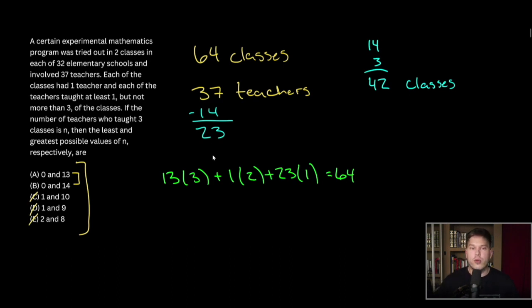So if each of these 23 teachers taught the minimum of 1 class, then we would add 23 classes, and we see that we have 65. Well, this is too many. We have 1 more class that's accounted for. So 14 is not our maximum, 13 is our maximum. So our answer for this question is going to be answer choice A, a minimum of 0 and a maximum of 13.